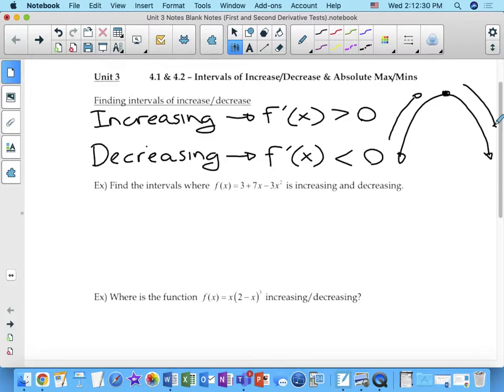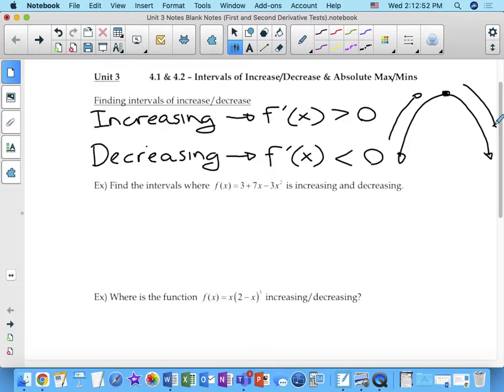Once we get up here at the max point, the tangent line would be horizontal, so the slope would be 0. And then once we go over the hill, we're going downwards to the right, and so now the slope would be negative and the function's decreasing.